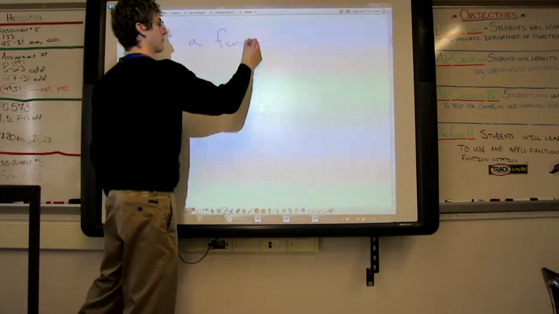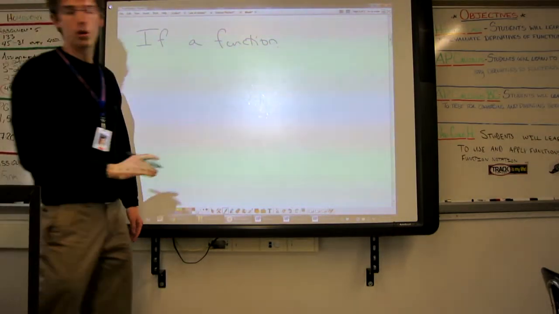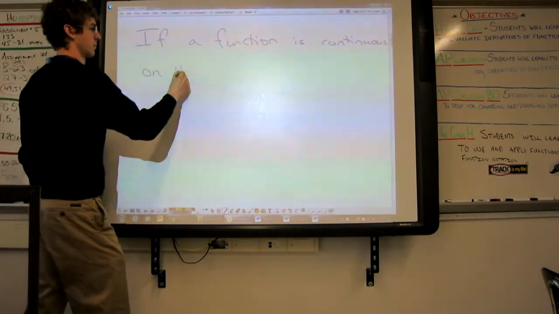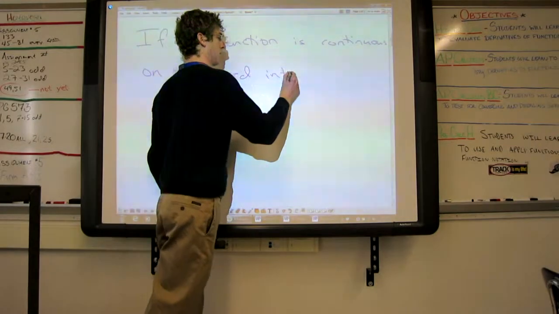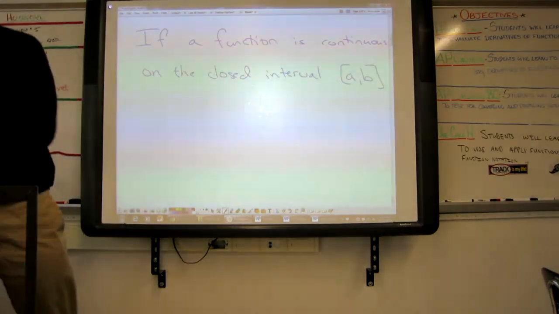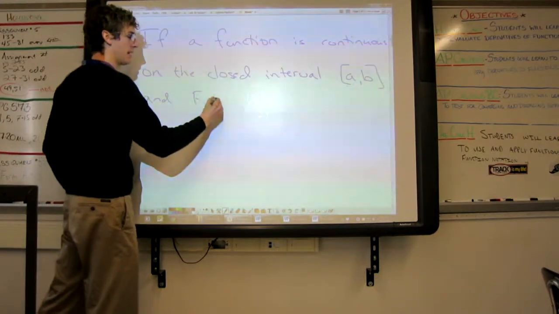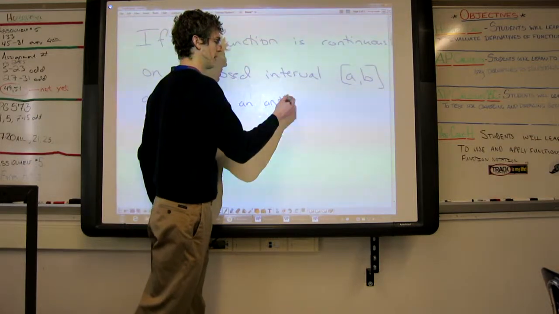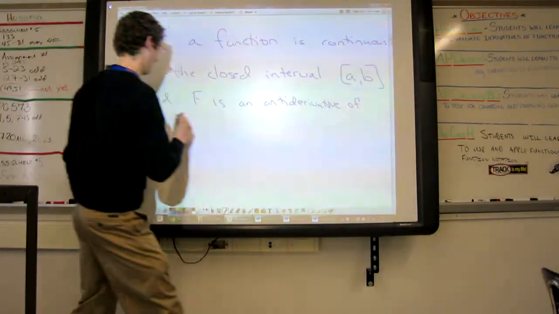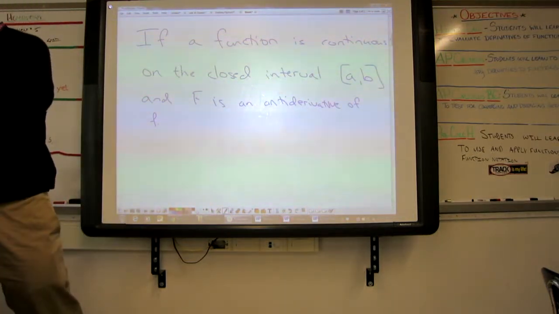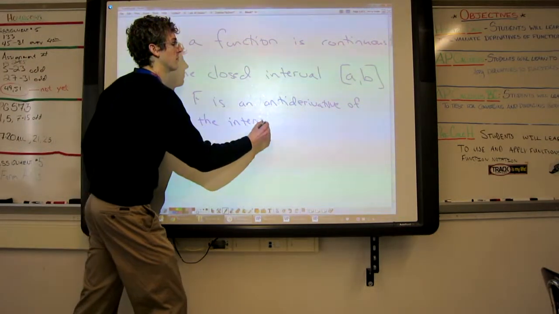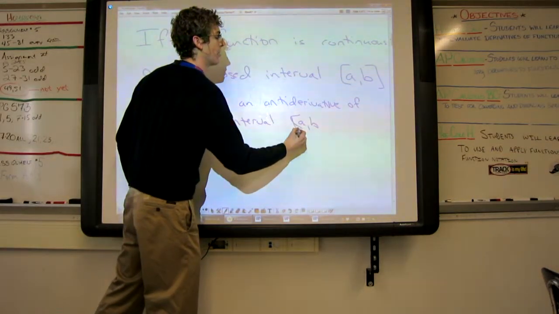If a function is continuous on the closed interval a to b, and big F is an antiderivative of f on the interval a to b. What does antiderivative mean? It's the opposite of a derivative. Integral, right? Exactly. It's right in the book on page 275, I think.